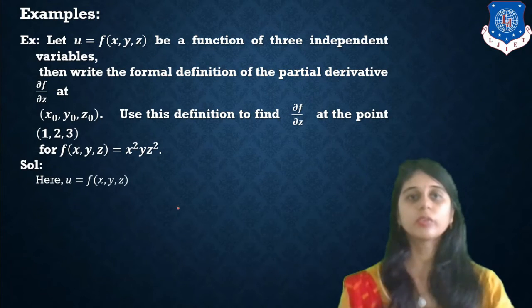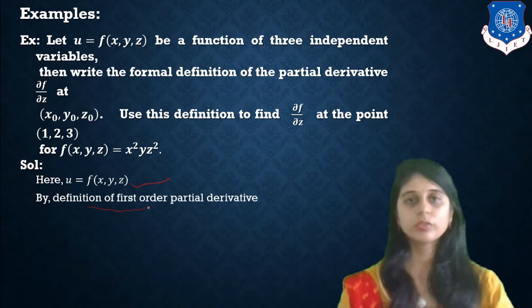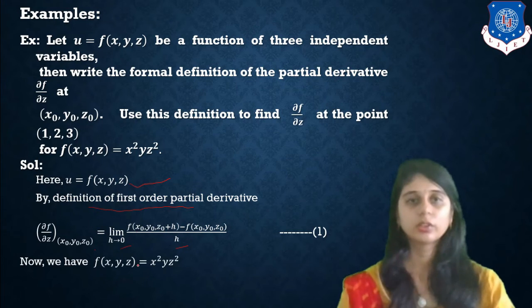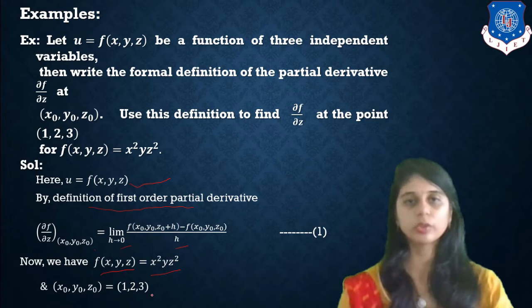Now we are taking the function u equal to f of x y z. The definition of the first order partial derivative del f by del z at (x0, y0, z0) is f of (x0, y0, z0 plus h) minus f of (x0, y0, z0), upon h. We have f of x y z equal to x square y z square and (x0, y0, z0) equal to (1, 2, 3).